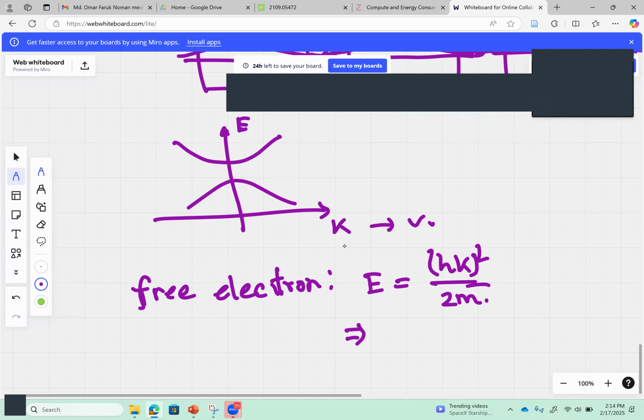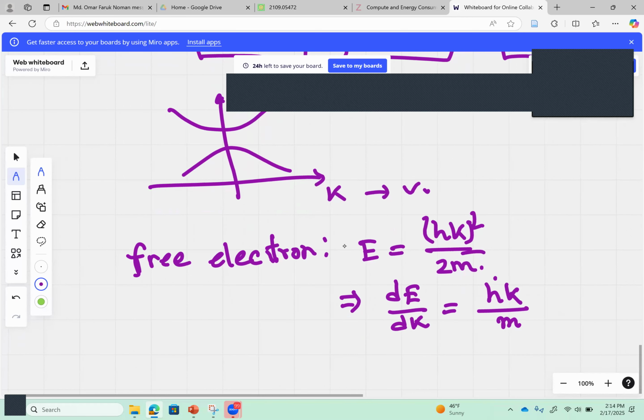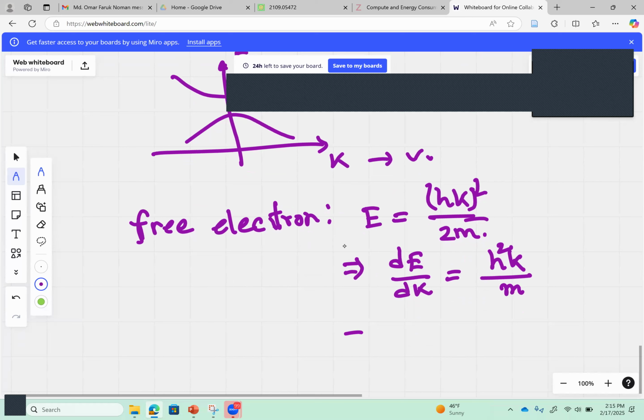Now I can take the first derivative of energy with respect to k, which will give me twice ħ²k by 2m, that is, ħ²k over m. So that would be my first derivative of energy.